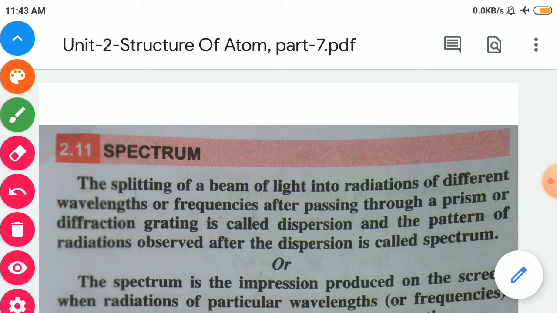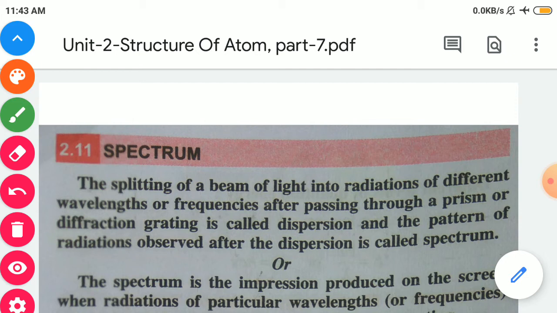First of all, spectrum. The splitting of a beam of light into radiation of different wavelengths or frequencies after passing through a prism or diffraction grating is called dispersion, and the pattern of radiation observed after the dispersion is called spectrum.